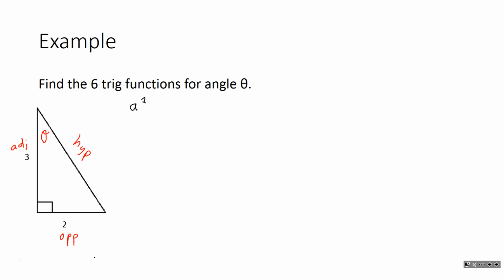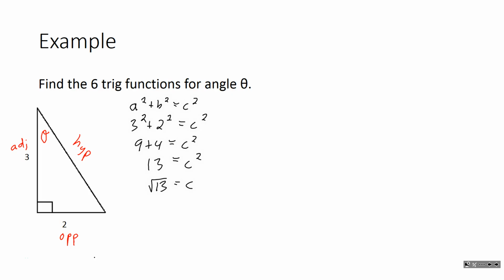We know that a squared plus b squared equals c squared, and in the Pythagorean theorem, c is always the hypotenuse, a and b are just the legs, and therefore we would have 3 squared plus 2 squared, or vice versa, equals c squared. 9 plus 4 equals c squared. 13 equals c squared. And finally take the square root on both sides and you'll have c equals the square root of 13. Normally in algebra you'd say plus or minus square root of 13, but the side of a triangle can't be negative, so we'll just deal with the positive here.